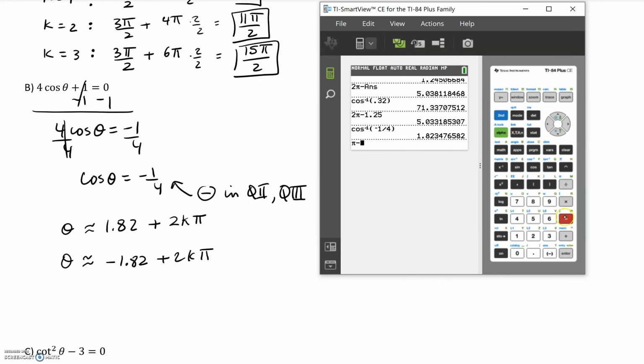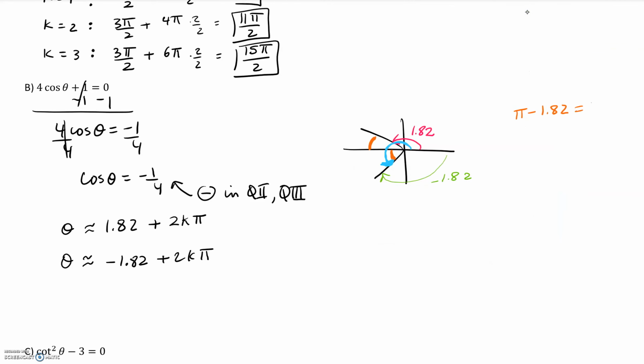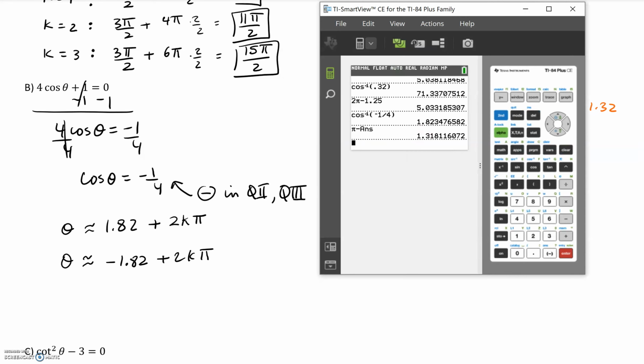Pi minus, let's do second answer, just to grab this answer that I already had from before, 1.32. So that's 1.32, which means this little piece also is 1.32. So if I want the blue answer, I'm going all the way to pi in that upper part, and then a little bit past it, which is 1.32. So pi plus 1.32 is another way you can think of that blue angle.